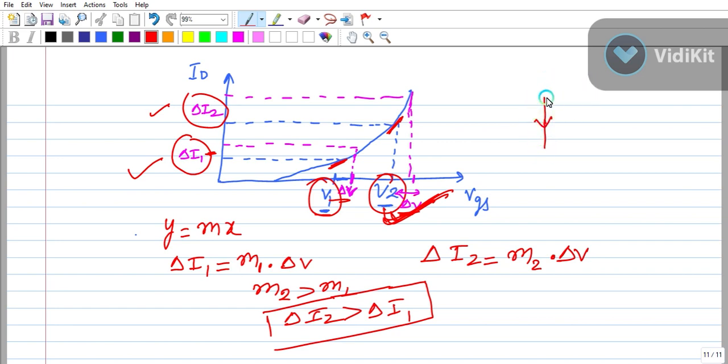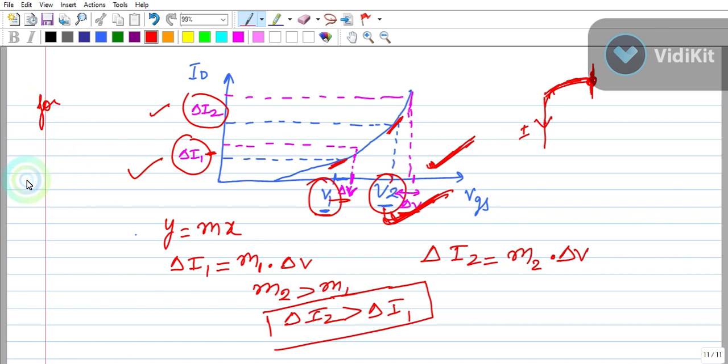Means it will take more current from the battery, and the battery will discharge more. So that is one disadvantage. So that's all about the biasing. Why do we need biasing? For making the transistor on.